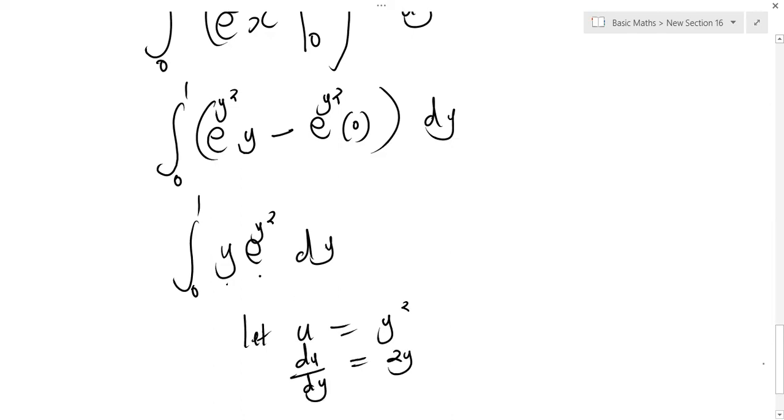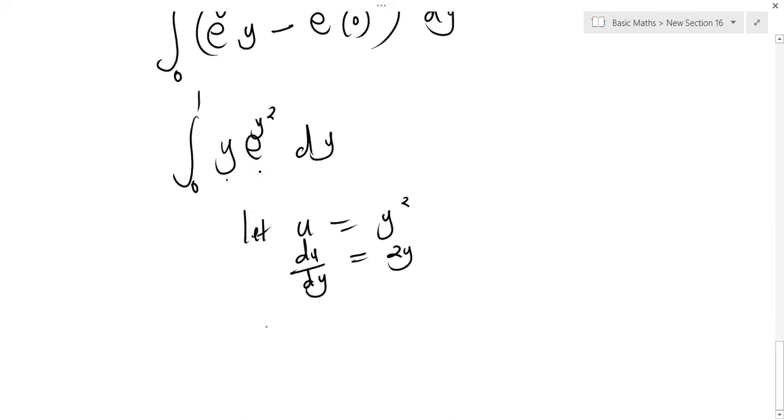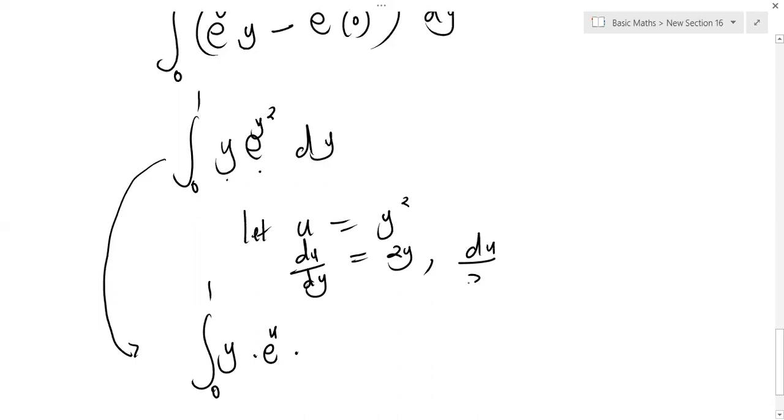So we can rewrite the whole of this so that we have integral from 0 to 1 of y exponential u. Now, what is our dy here? Come here, you have du/dy is 2y. So making dy the subject of the formula, we'll have du over 2y is equal to dy.